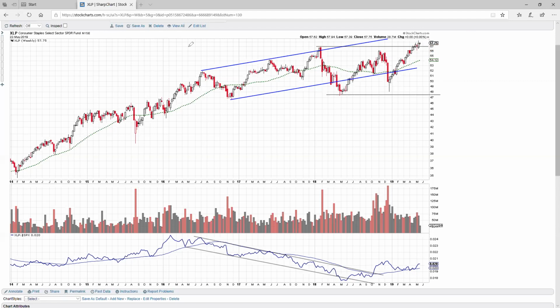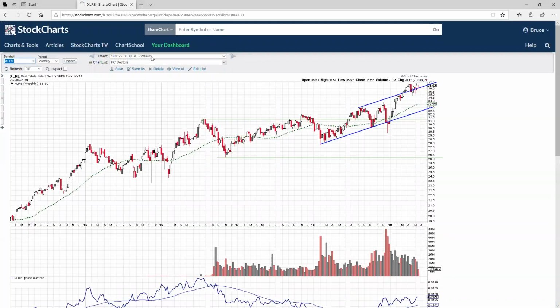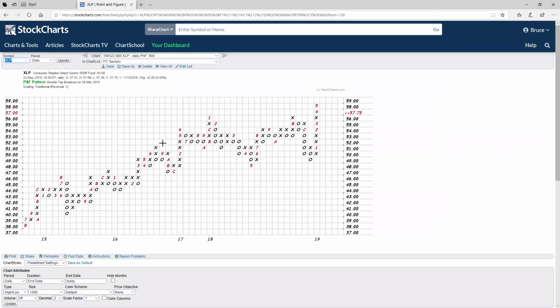And let's have a look at the point and figure chart. And this is real estate. I need to go to this chart. Okay, so you can see here this great run up and out in the point and figure. And the thing that we're going to do is take the count, which is an accumulation count of 16 columns across here.